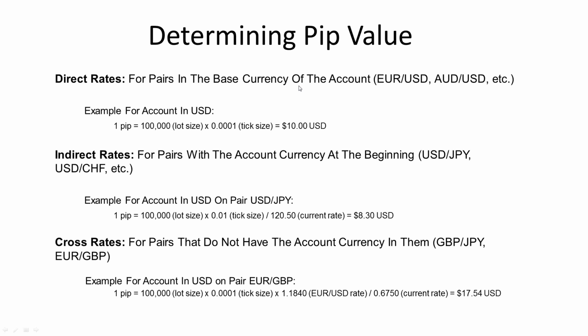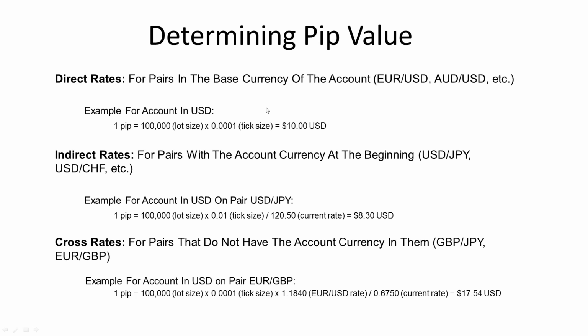Most of us have our accounts in dollars, but if you have an account in pounds or Australian dollars, then everything is just going to be flipped for you. If I'm saying euro dollar, Australian dollar, that second currency in the pair is the base currency. Yours would be Australian or pound here, and so everything just translates over. But for this example today, we're going to keep it in dollars.